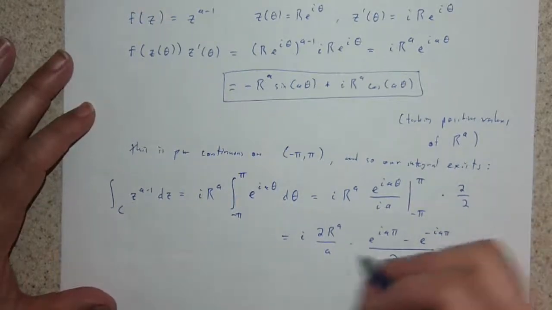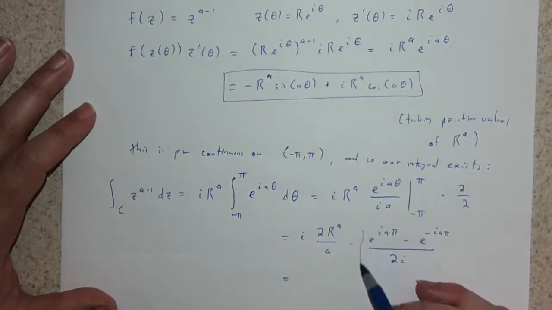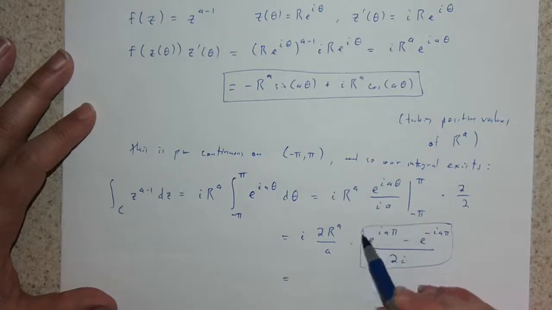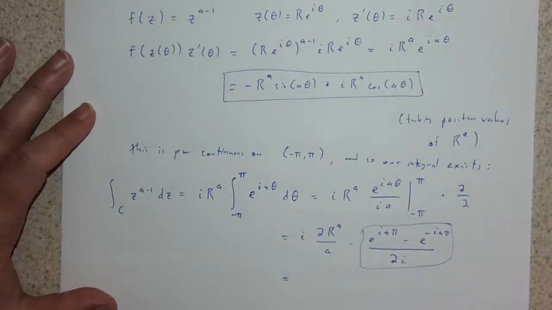Which gives us the following, right? The reason I wanted to multiply by 2 over 2 here is that this quantity now is something that I can immediately recognize as sine of a pi, right?